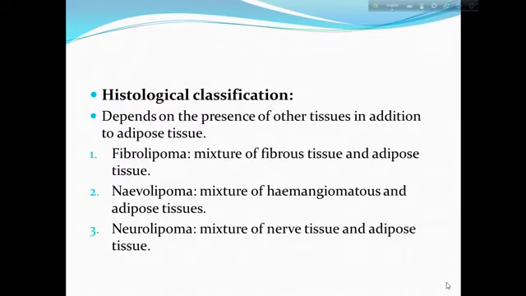Histological classification depends on the presence of other tissue in addition to adipose tissue. The fibrolipoma, a mixture of fibrous tissue and adipose tissue. Another, angiolipoma, a mixture of hemangiomatous and adipose tissue. Neurolipoma, a mixture of nerve tissue and adipose tissue.